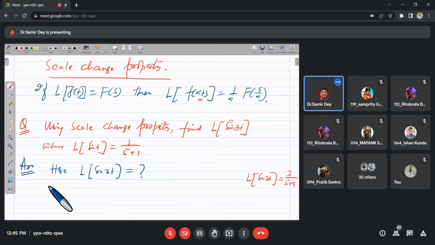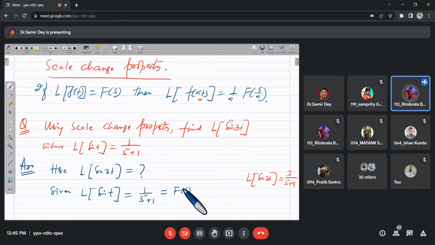So you write down let ft is equals to sine t. How to decide that? Because here it is given. Otherwise you can write directly given, it will be better for you. Given L of sine t is equals to 1 by s square plus 1, which is your fs.